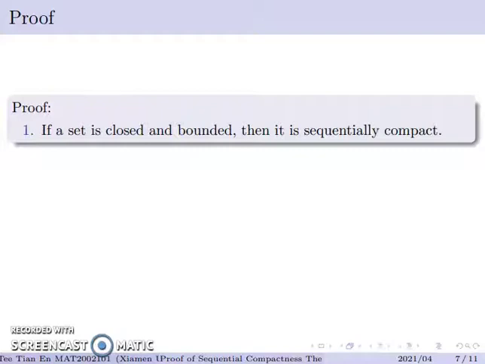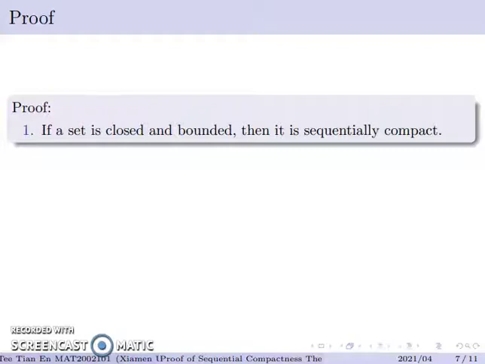Bounded means that a sequence a_n is said to be bounded provided that there is a number M such that the absolute value of a_n is smaller than or equal to M for all n.